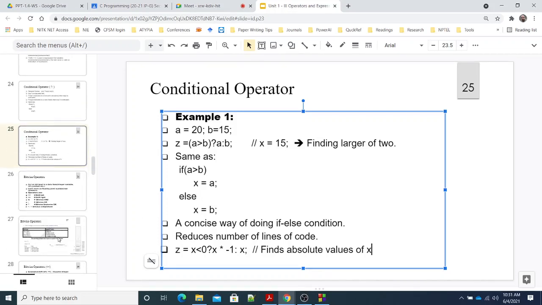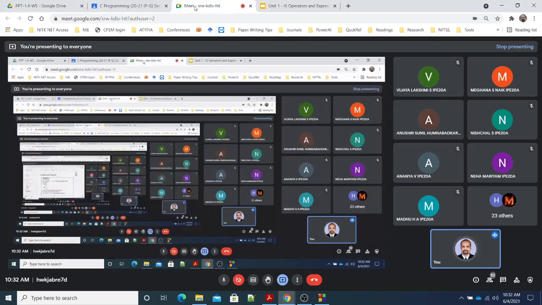Clear? Okay. Any questions so far? A little bit confusing, the operators we have seen today.